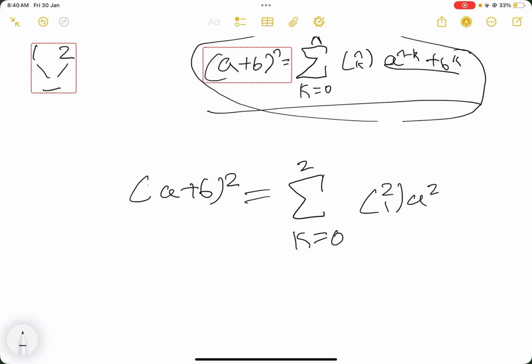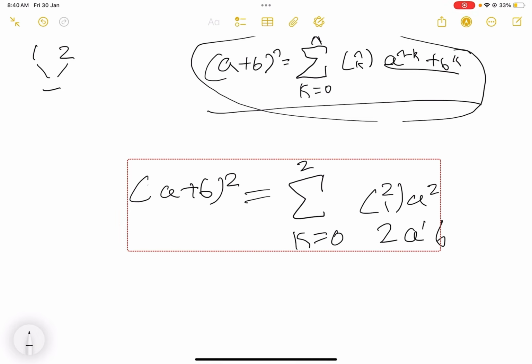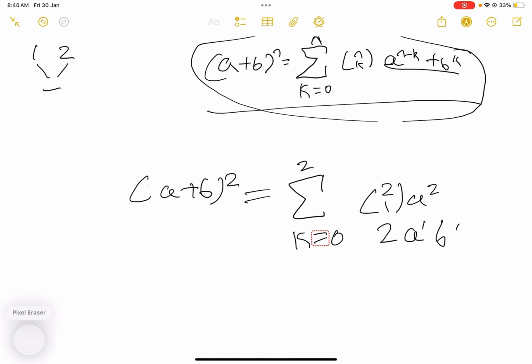So 2 is the coefficient, and n minus k is equal to 1, so a to the first, or just a, and b to the first, because k is equal to 1 in this situation. So we add that, and then what do we get? Now in total we've done until k equal to 1.